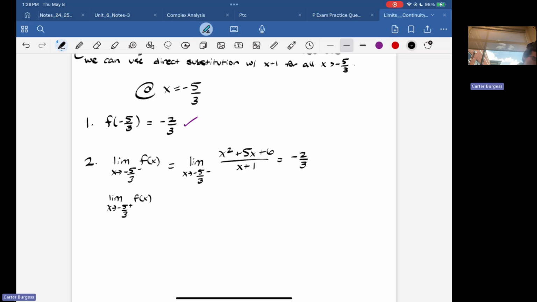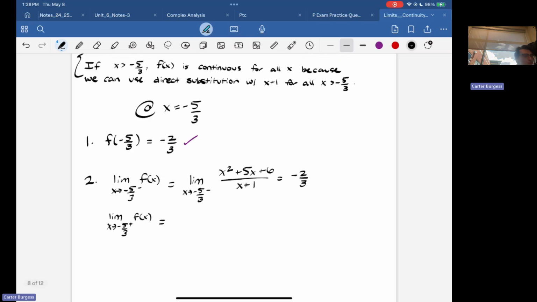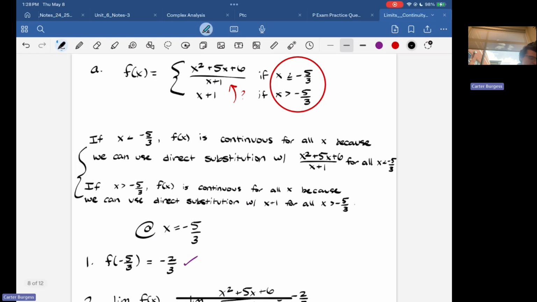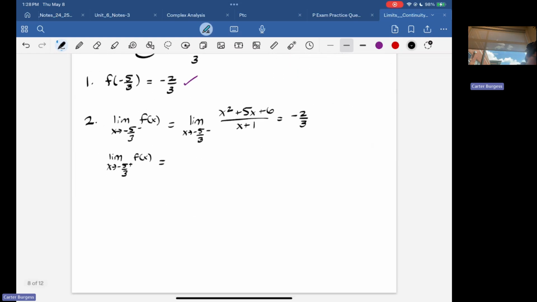Okay. What about our right-hand limit? Which function will we use if we are to the right of negative 5/3? We'll use the bottom one here. So this is the limit as x approaches negative 5/3 from the right of x plus 1, which is also equal to negative 2/3.